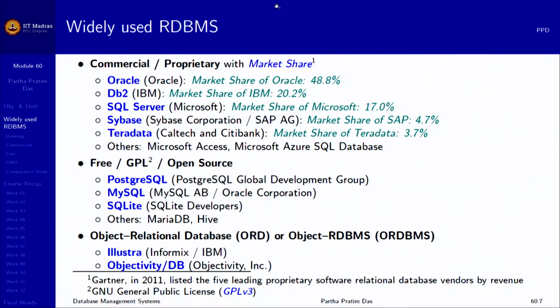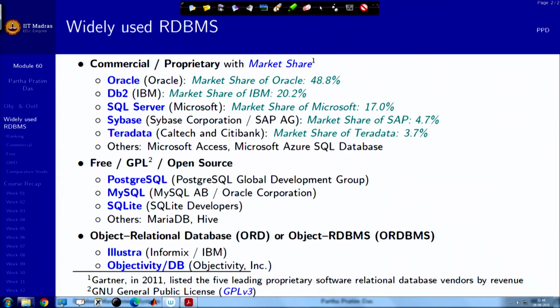Now, this is ranked as the top 5 relational databases according to market share data. This is not absolutely recent data, this is as of 10 years back, but that is what is comprehensively available.